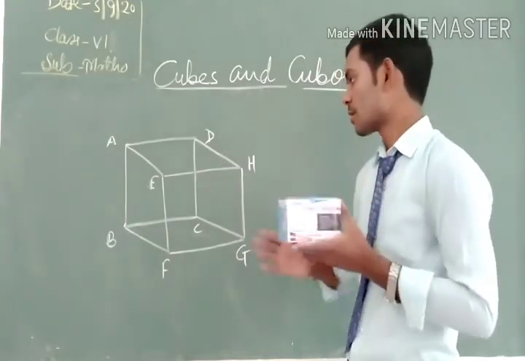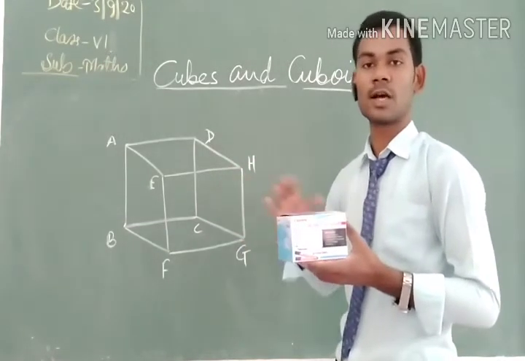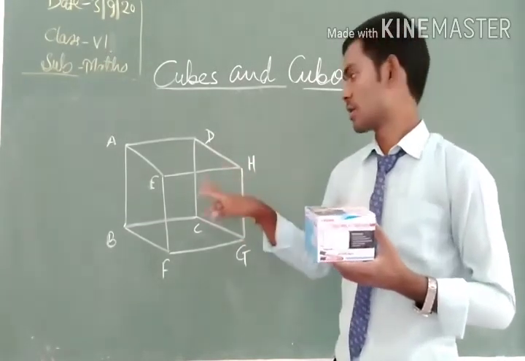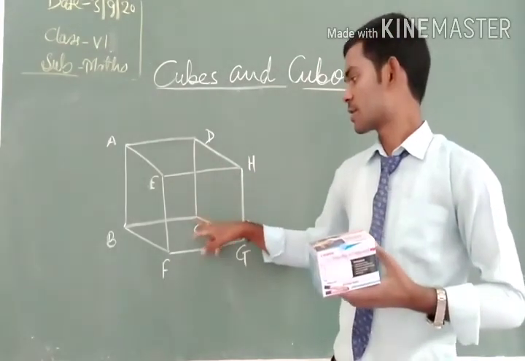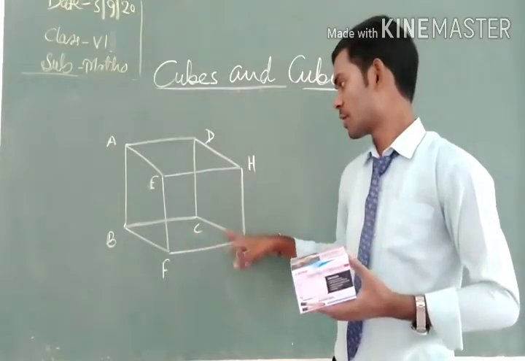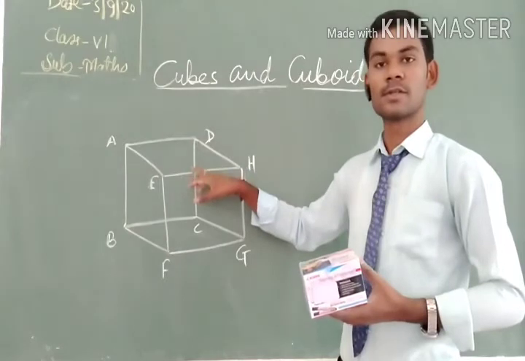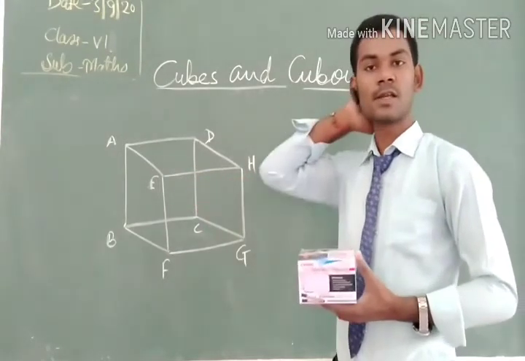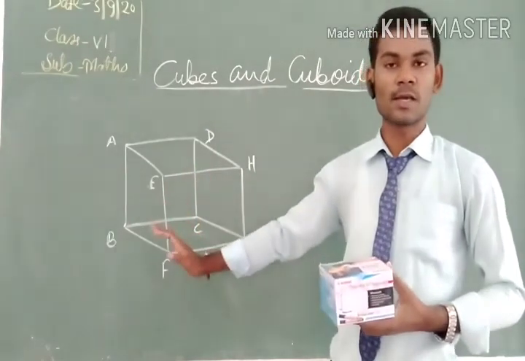If we compare this figure with this box, we can find both are similar, because in this figure it also has three dimensions: length, width, height. So this is the three-dimensional figure, and this is the corresponding figure of the square.